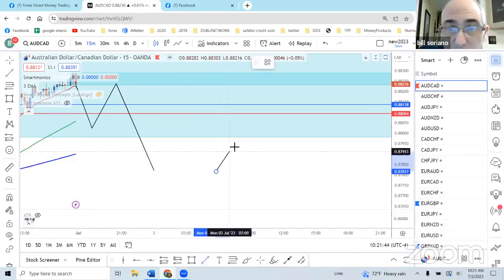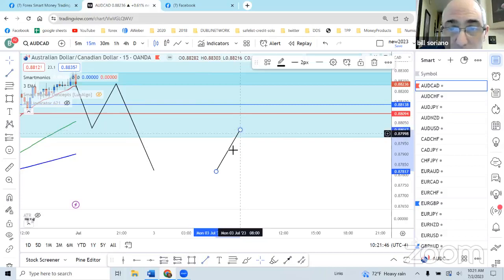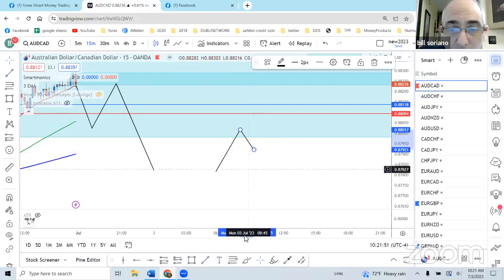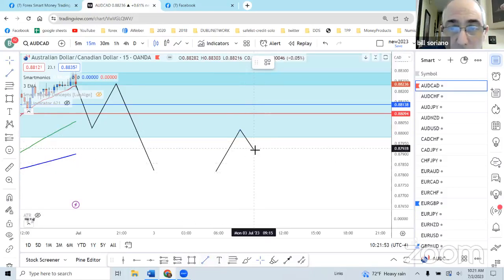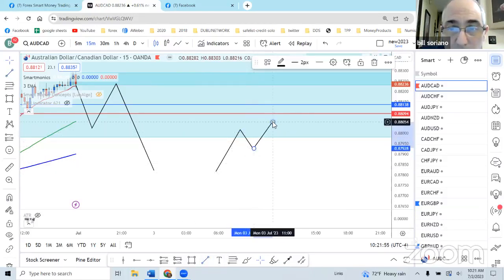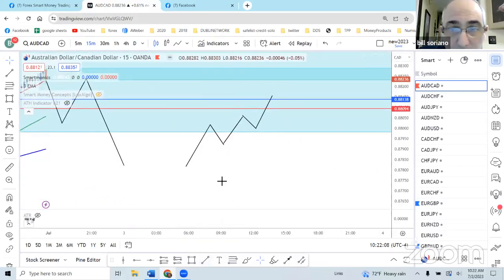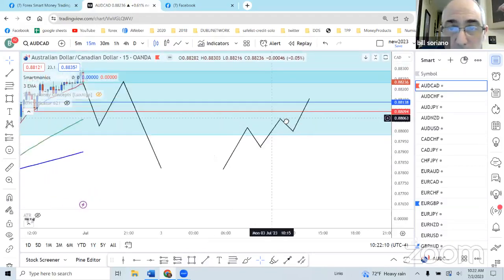We look for price to move into our zone. It moves into our zone. That blue line there would be our point of interest. So let's say we're looking for price to hit our point of interest. Boom, it hits our point of interest, right? So then we see that we had a break of structure to the upside here, right? We had bullish order flow.